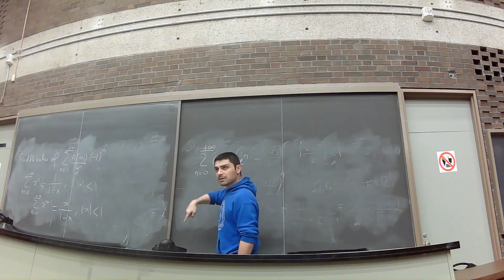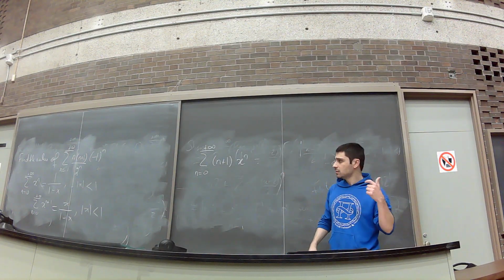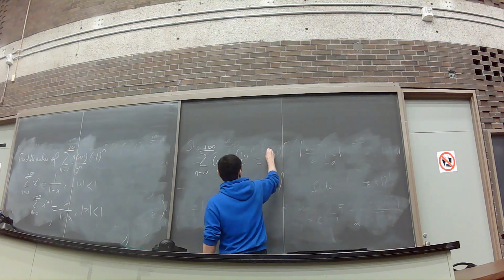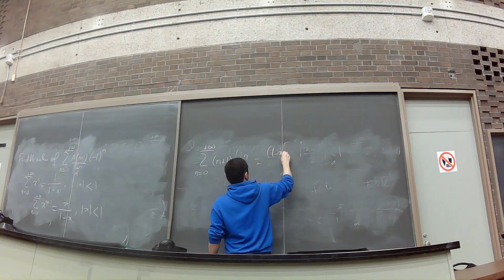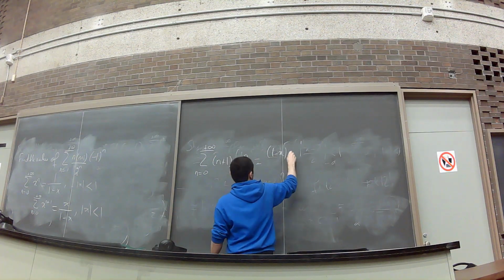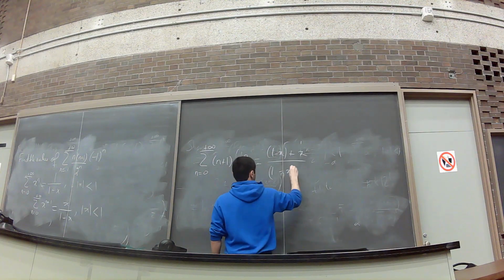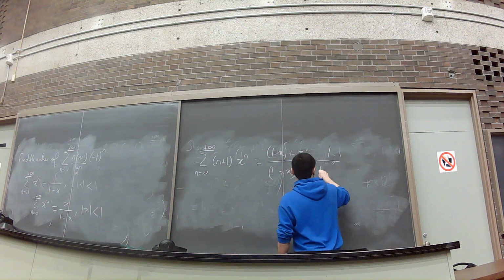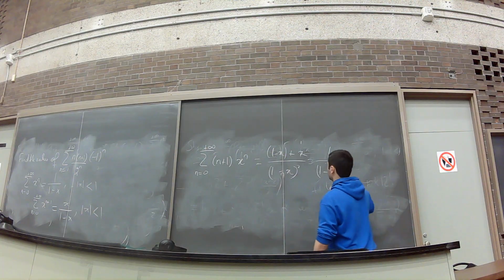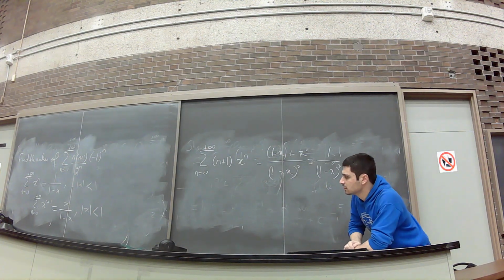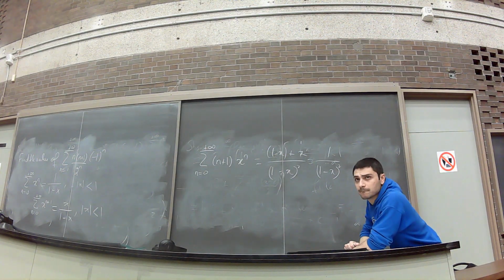Differentiate the other one: u prime v minus v prime u. 1 times 1 minus x, minus v prime, so it's plus x over 1 minus x squared, which is just 1 over 1 minus x squared. Looks good. Is that good or not? Yeah, it's good.